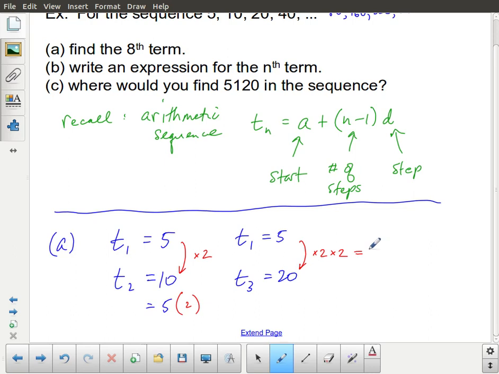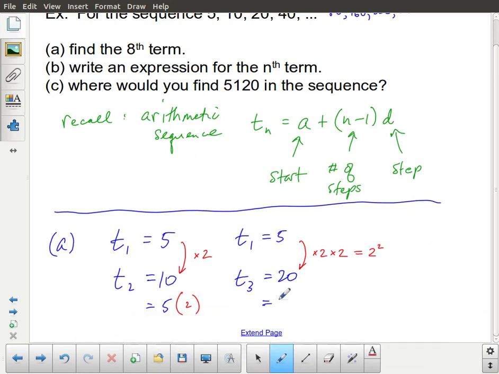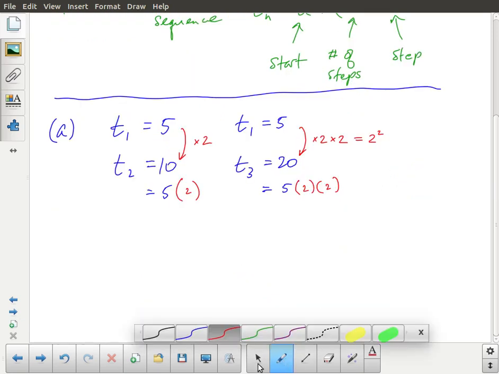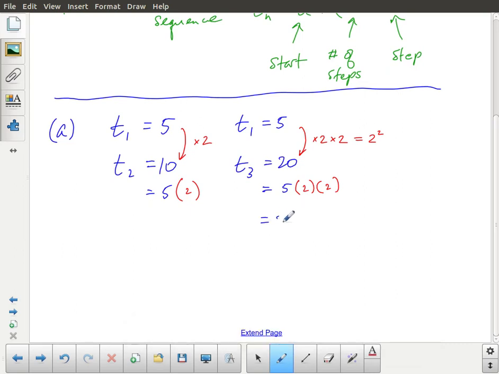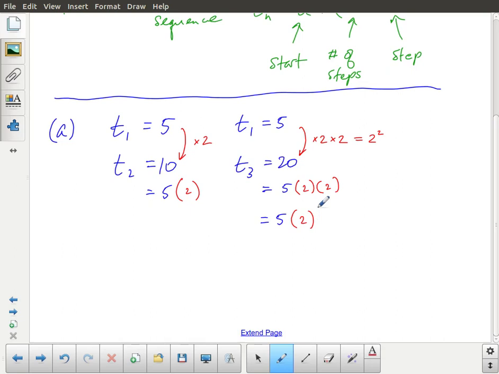So essentially I multiplied by 2 squared. So I could rewrite this as starting at 5 multiplied by 2 multiplied by 2, which of course is the same thing as starting at 5 multiplied by 2 squared.